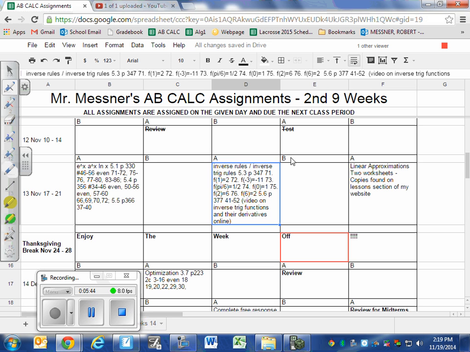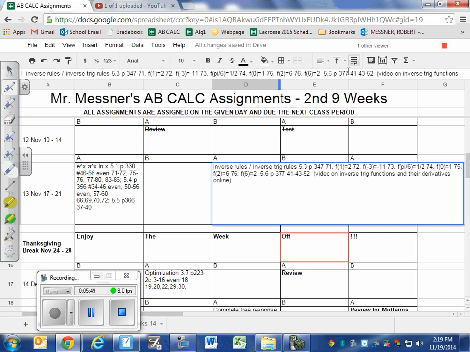So just do 41 through 43, and then do 45 through 48. 50 is not bad. 51 and 52 are not bad. Let's just do those. I'll do one of the tougher ones for you, like 51, just so you can see it.